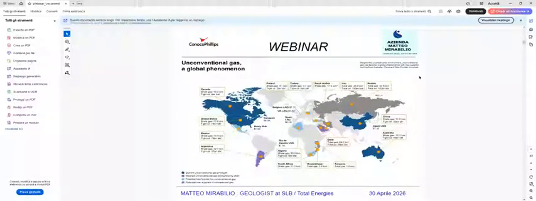So this is the latest map of global unconventional gas resources recovered in the last 10 years. We have an important presence of ConocoPhillips, for example, in North America, Alaska, Canada, but we have also other possibilities to develop other potential unconventional gas resources, for example, in Australia, South Africa.